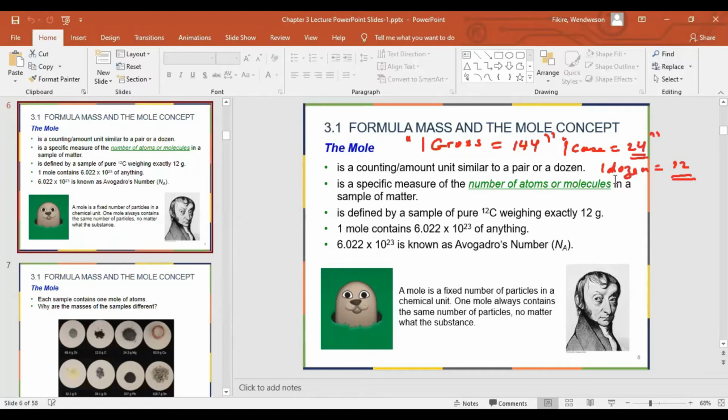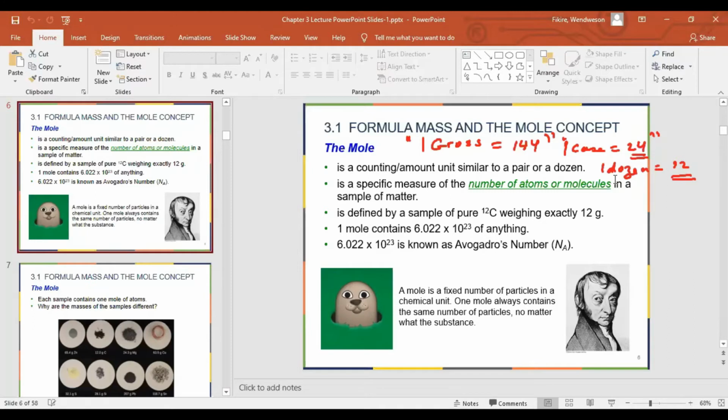In chemistry also, matter is made from atoms or particles or molecules, right? Billions and trillions of atoms or molecules are there, so that cannot be counted. It's very hard to count.